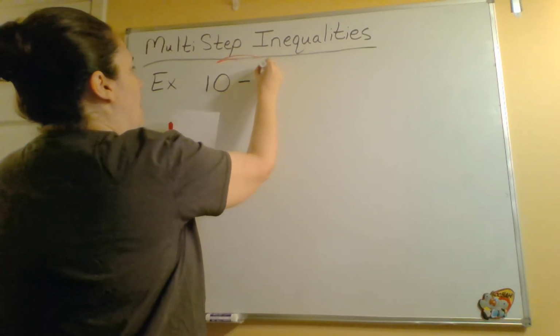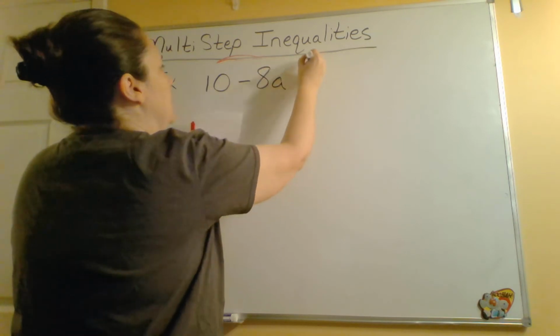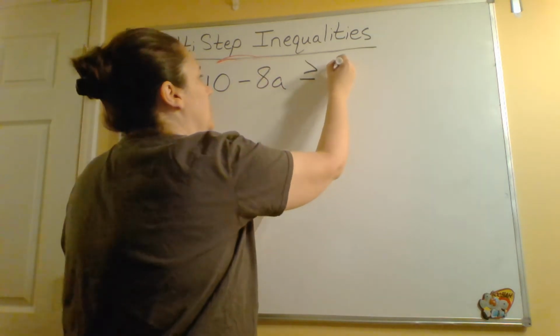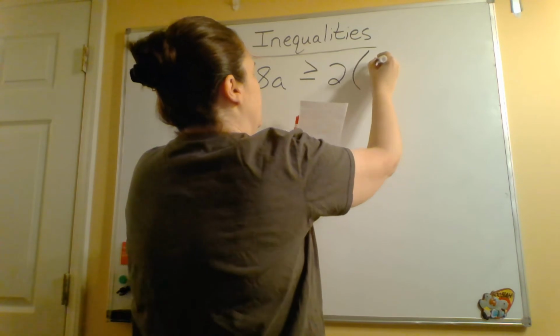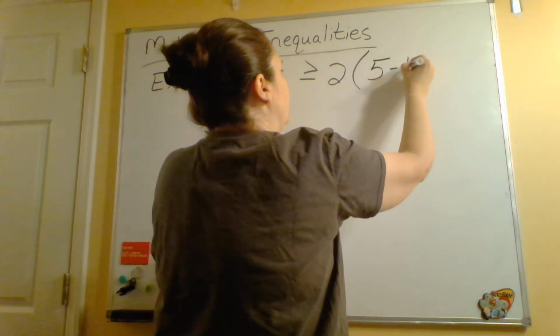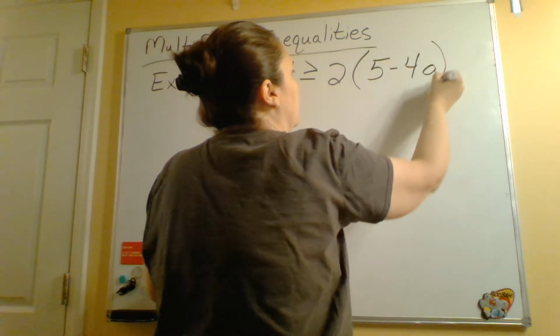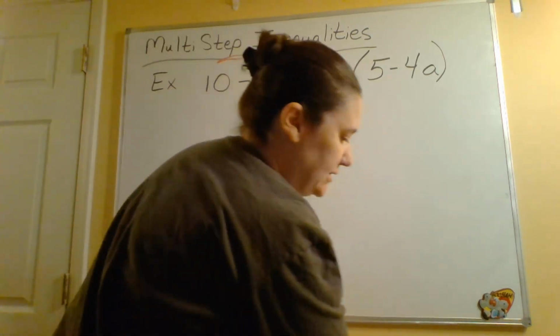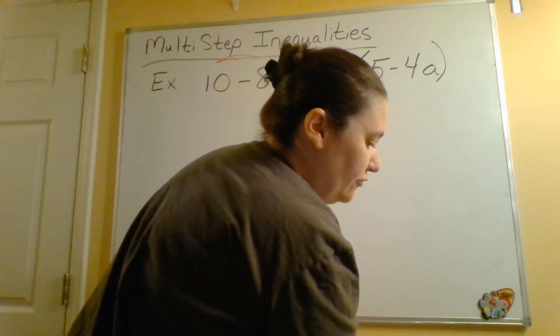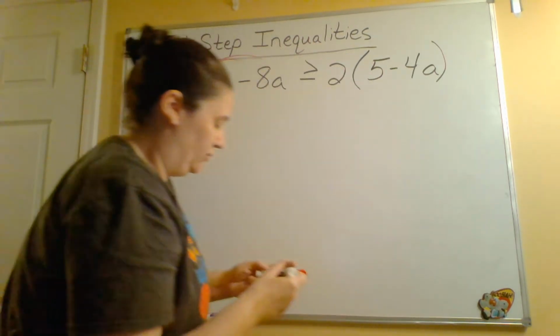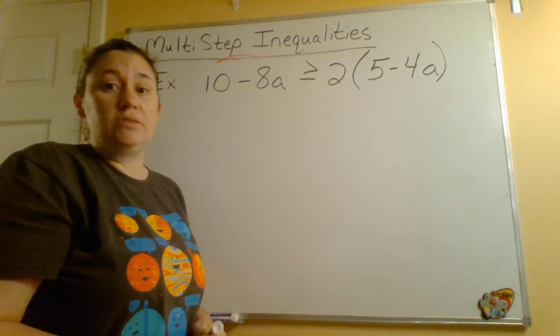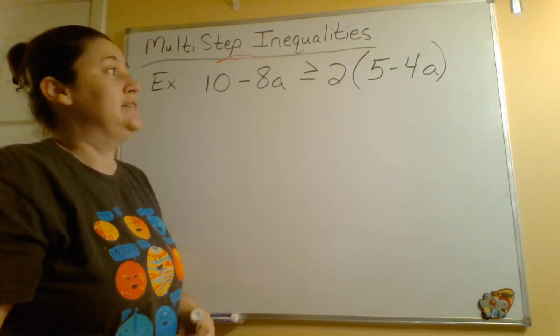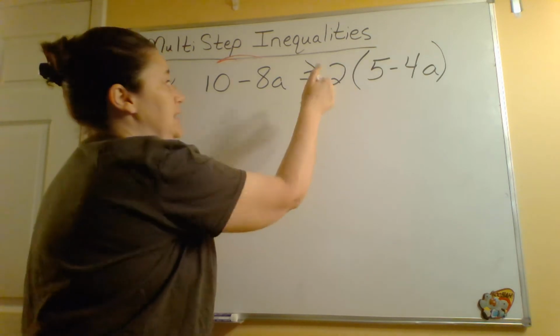10 minus 8a is greater than or equal to 2 parentheses, 5 minus 4a. Let's solve this problem and see what happens. First things first, I see parentheses, and I don't want those parentheses there. In order to solve this, I've got to get rid of these parentheses.